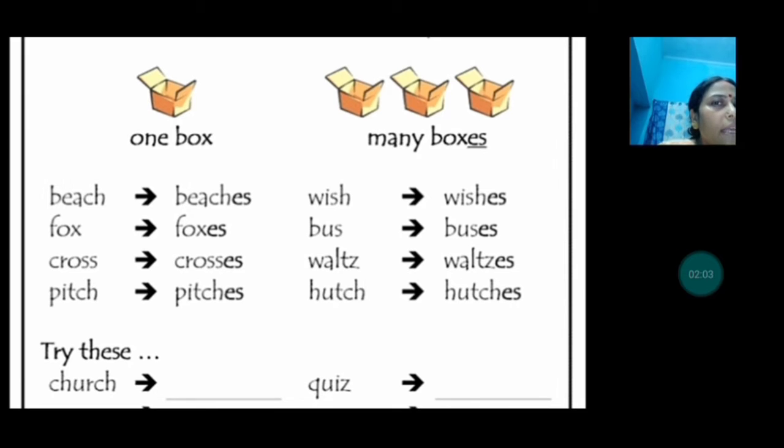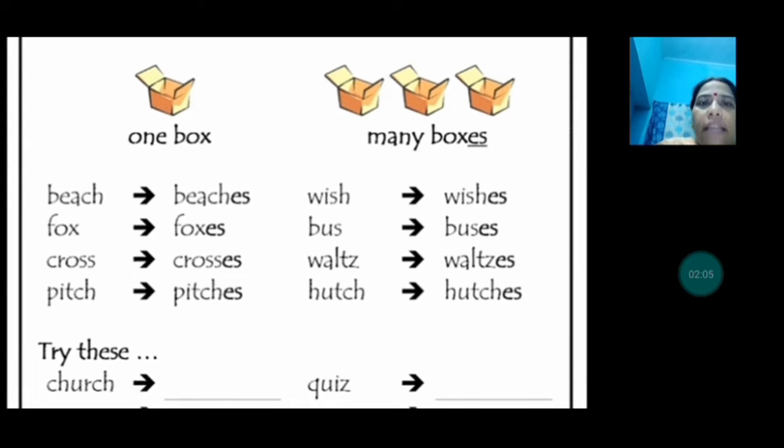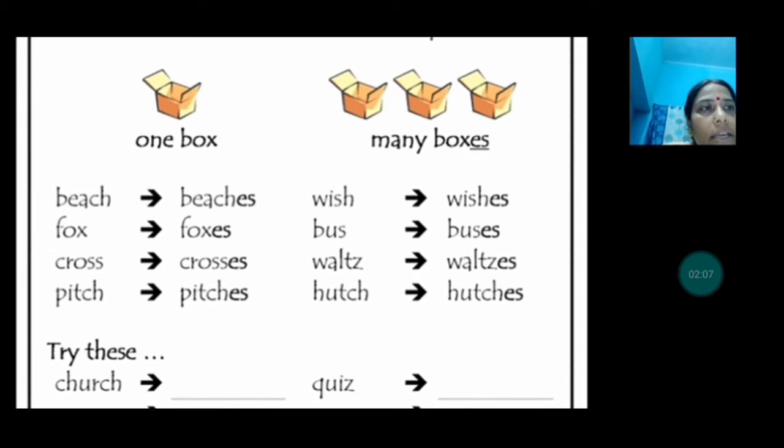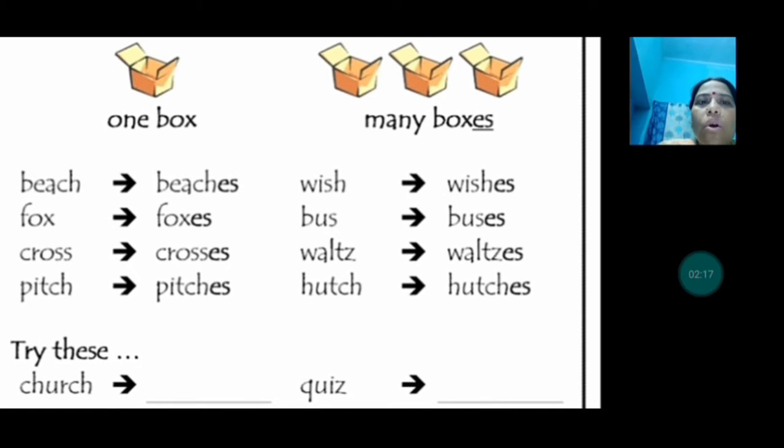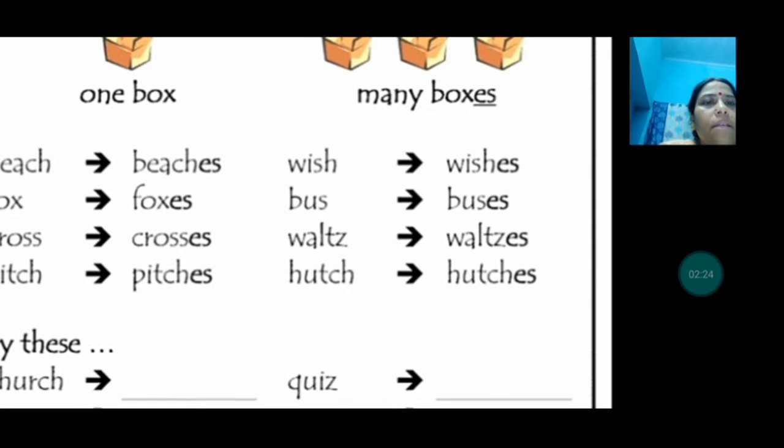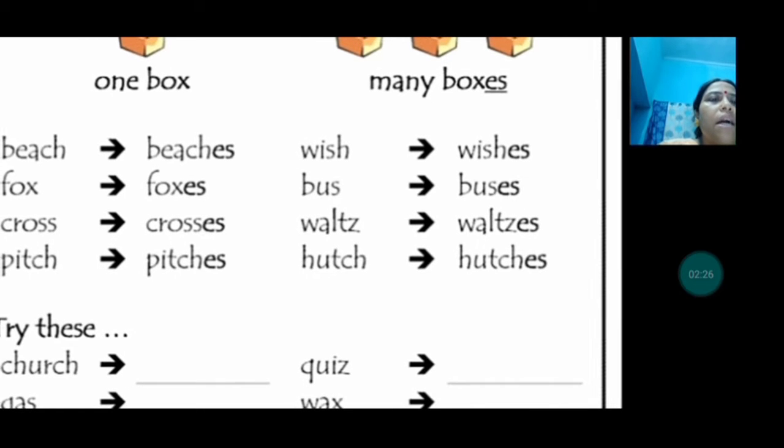We will add es when the words end with ch, sh, s, double s, z or x. Like beach, beaches, fox, foxes, cross, crosses, pitch, pitches. Then wish, wishes, bus, buses, waltz, waltzes, hutch, hutches.